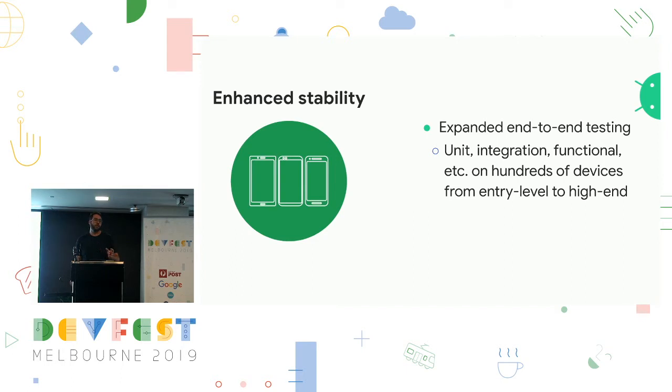We try to make sure that all of the APIs that we add for CameraX work for all devices out there. We try to go for the base layer. We are focusing on the core features, and we are making sure that all of those are well tested. We have a big device lab, and, as I said, we're doubling down on the amount of devices and the amount of tests that we run on all these devices.